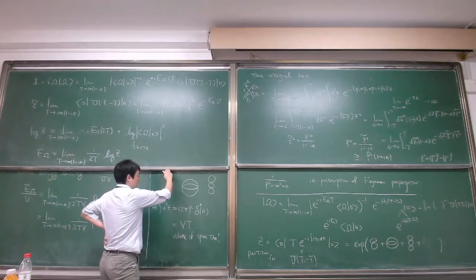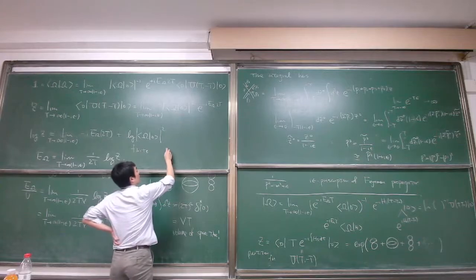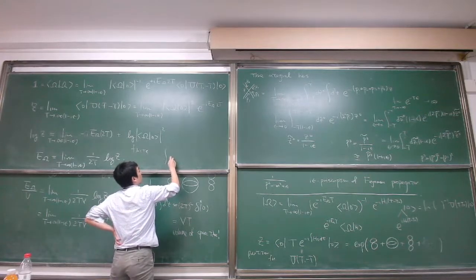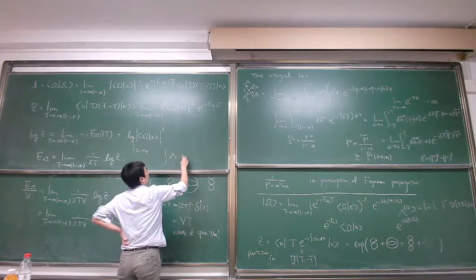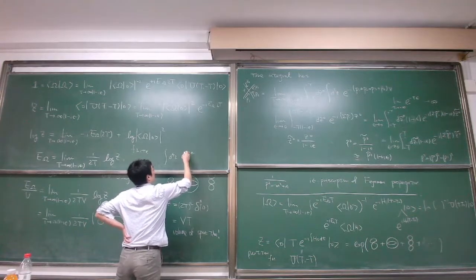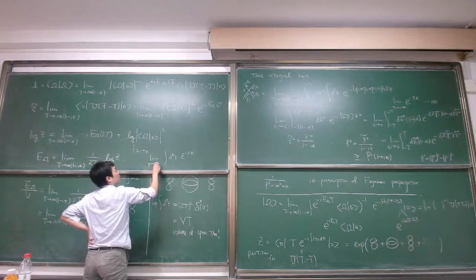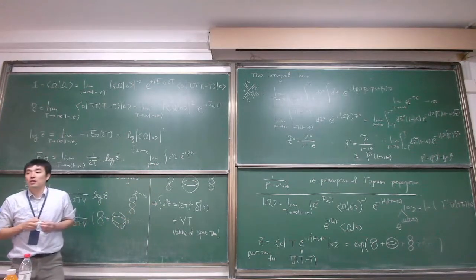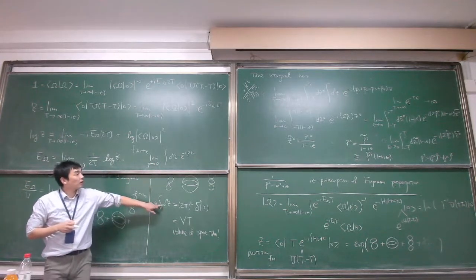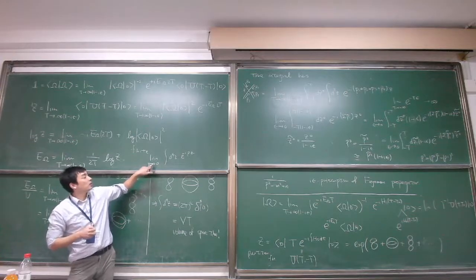Here, this integral essentially is e to the i p z, whatever, in the limit p goes to 0. This integral is essentially coming from p goes to 0.